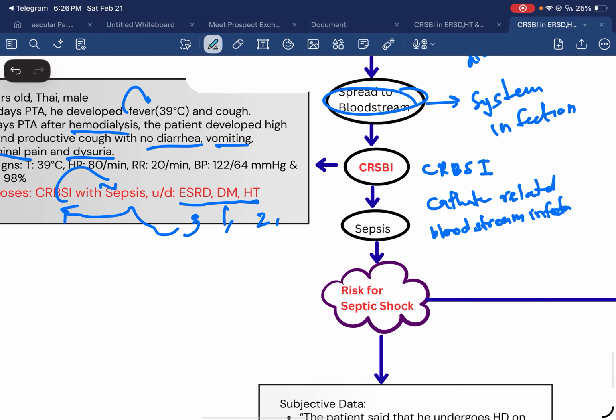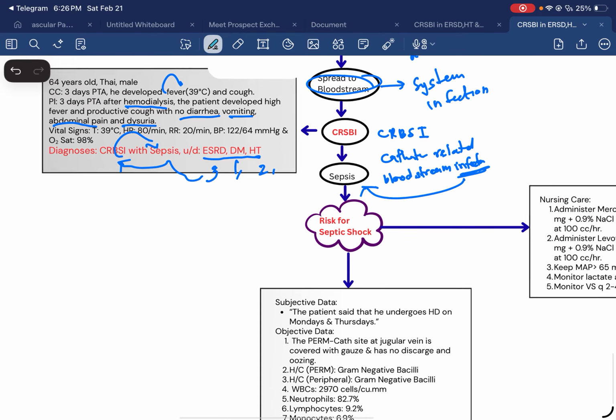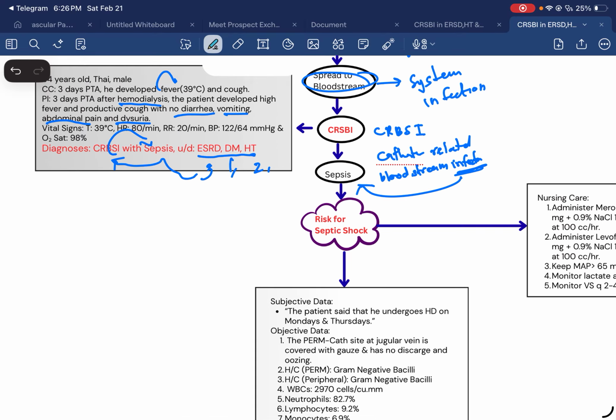So the next step of infection is sepsis. Now let's go through the nursing diagnoses. Number 1: he has a risk for septic shock because he already has sepsis.